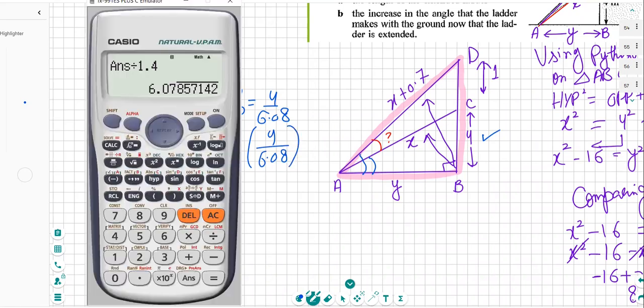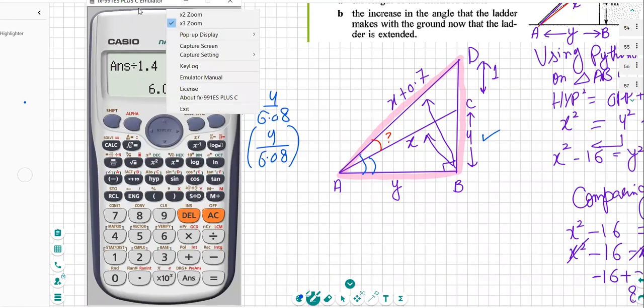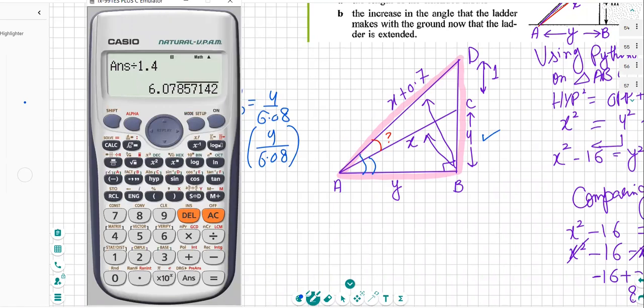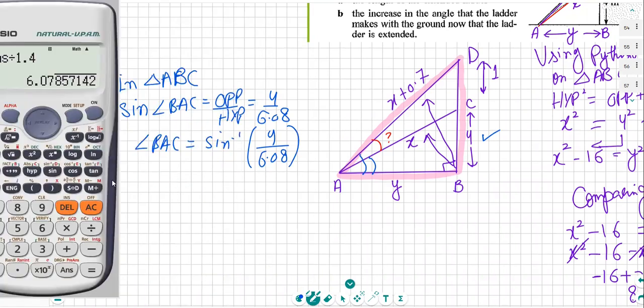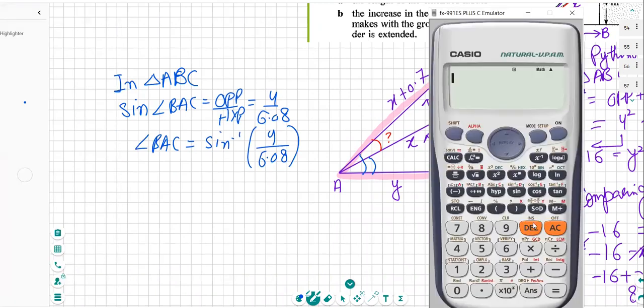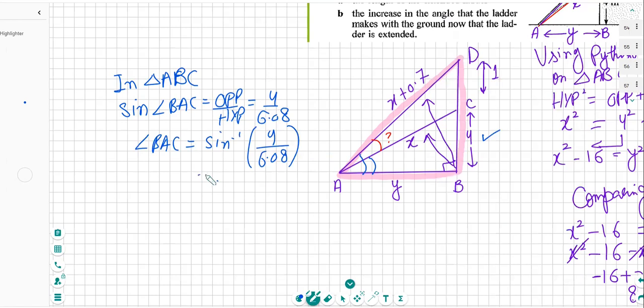Using my calculator, 4 over 6.08, I get 41.1. Got it? Yeah.